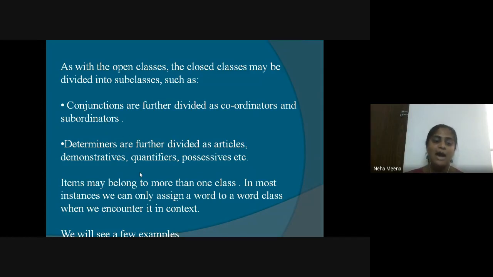In most instances, we can only assign a word to a word class when we encounter it in context. As I said, the context matters, and therefore you have to evaluate your sentences. If you're not looking into the meaning, if you're not considering the context, even if you are studying it for minimal purpose.